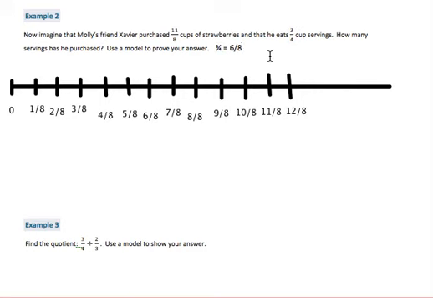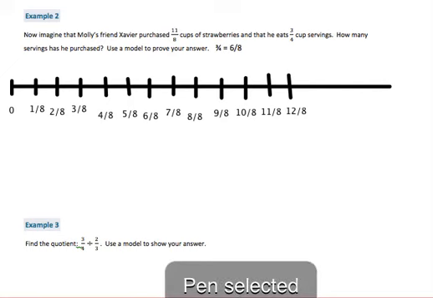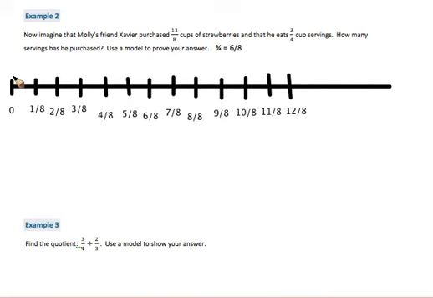Now we know that when we go down to our diagram, we will need 6/8 for every 1 serving. So we can then show that this would be 1 full serving, 6/8. And if we continue on for another 6/8, that would get us to 12/8.